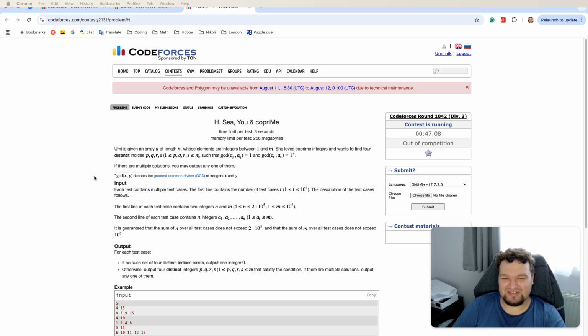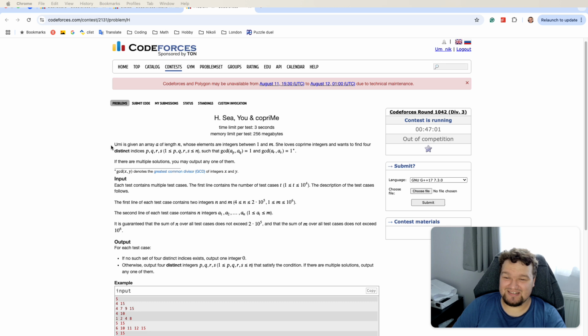Problem H, C, U, and coprime. Yumi is given an array A of length n whose elements are integers between 1 and m. She loves coprime integers and wants to find 4 distinct indices P, Q, R, S, such that GCD of AP and AQ is 1 and GCD of AR and AS is also 1. If there are multiple solutions, you can output any one of them.